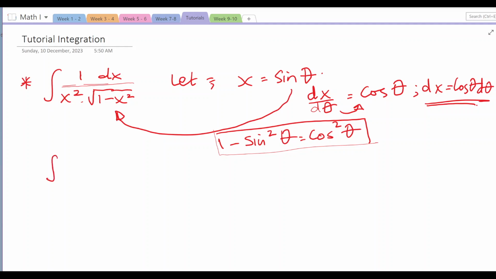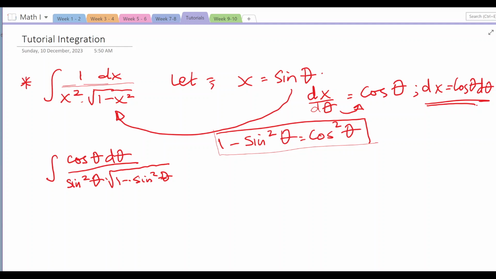So dx here we can replace with cos theta d theta, and then x squared we're going to replace with sine squared theta. From there, sine squared theta, and then square root of 1 minus x squared becomes square root of 1 minus sine squared theta, because x is sine theta.